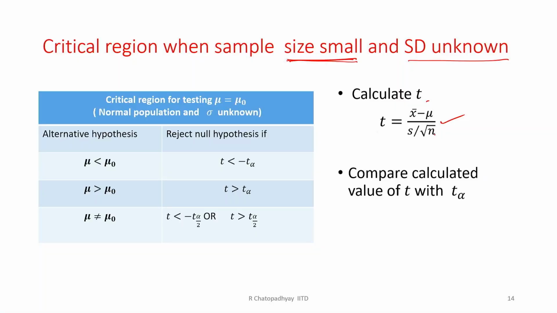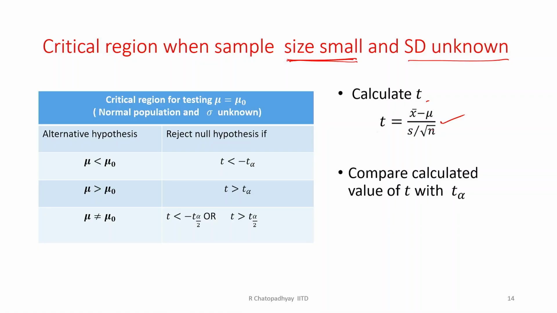The structure of the formulas is more or less similar. So instead of writing Z, we should write T because the sample size is small. Maybe the value of n may be 12.